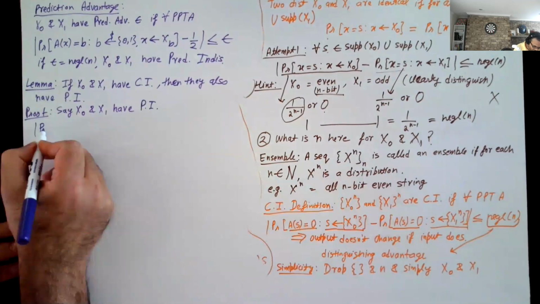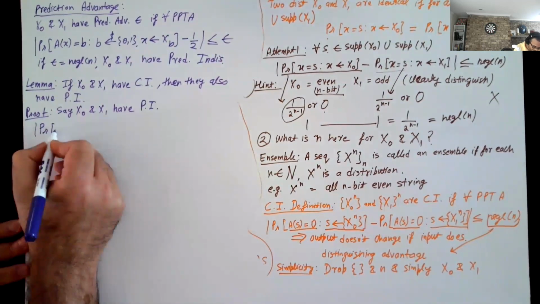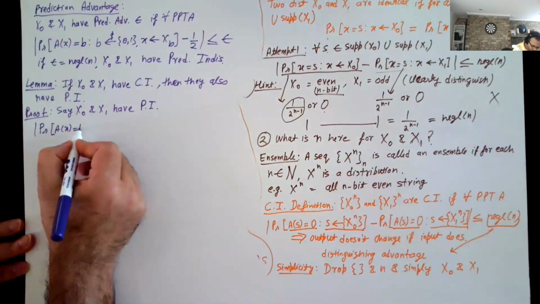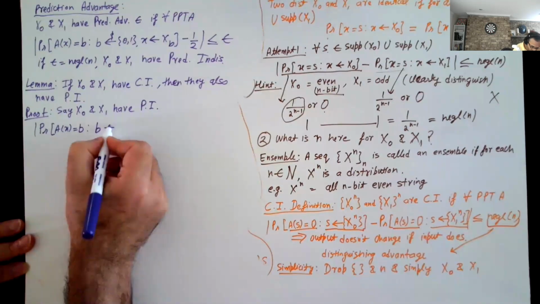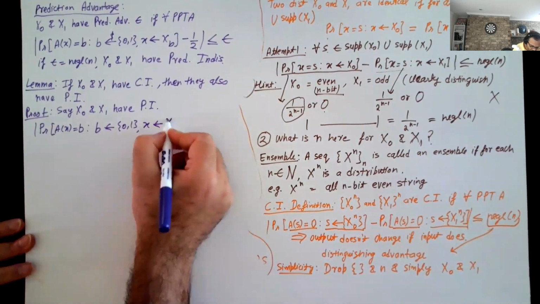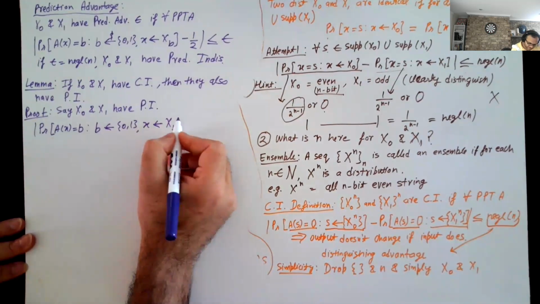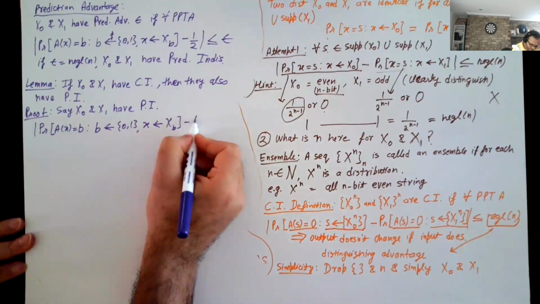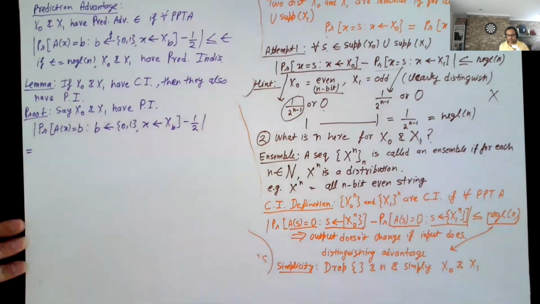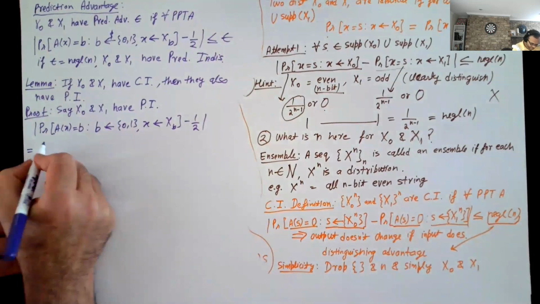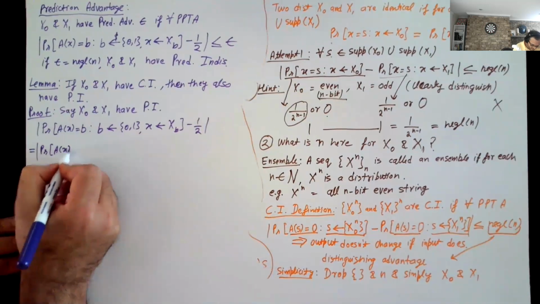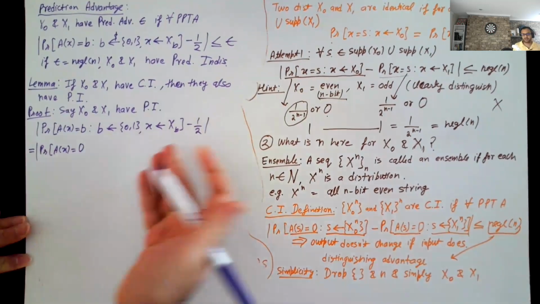So in that case, the probability that A(X) equals b, where b is sampled at random and X is sampled from xb, minus half. So this is guaranteed to be negligible, and let me just try to write this in a slightly different form. So we will just expand this into two cases.